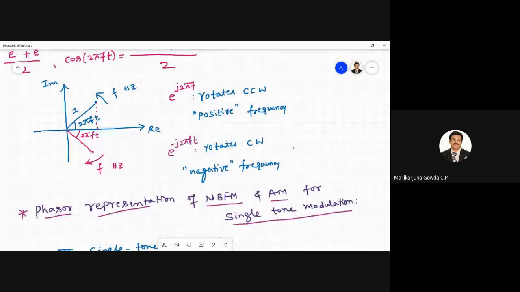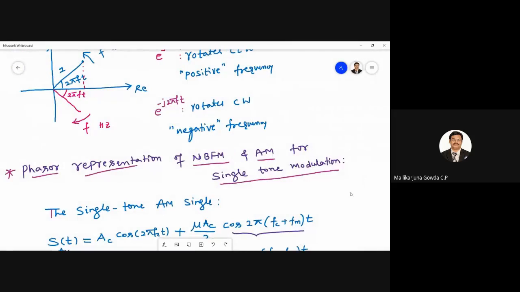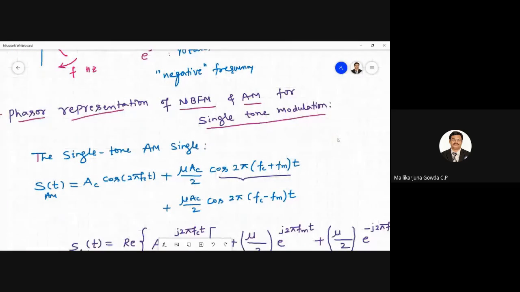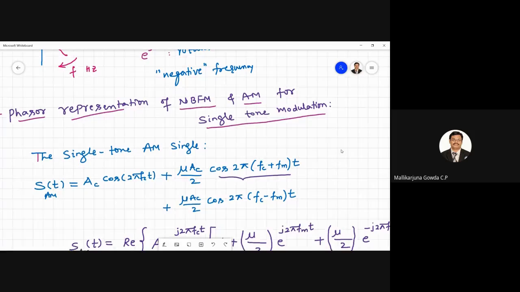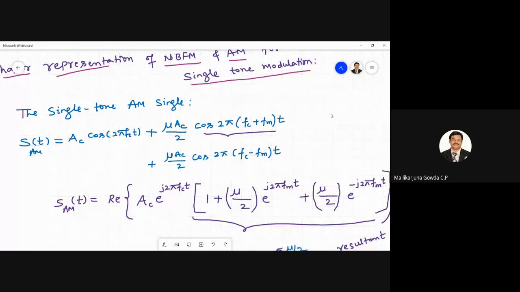So with this basic knowledge, first I discussed about AM, right? So we wrote the expression for AM. Then we expressed that in terms of complex exponentials, right? So the real part of cos of 2 pi fct will be what? e power j 2 pi fct. Since amplitude is AC, I wrote AC.